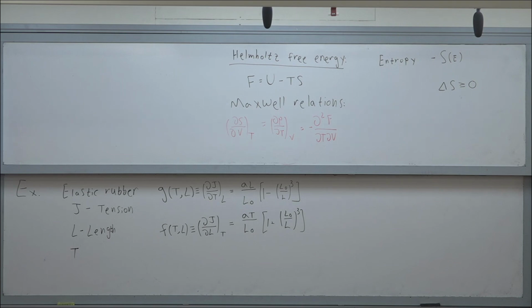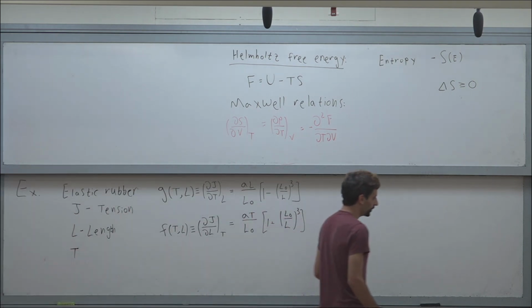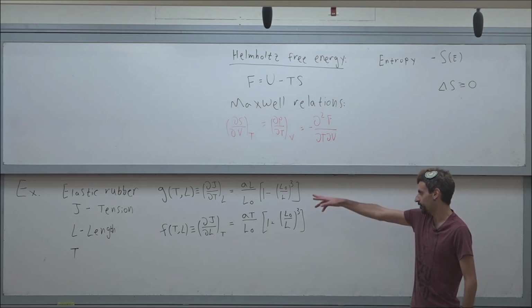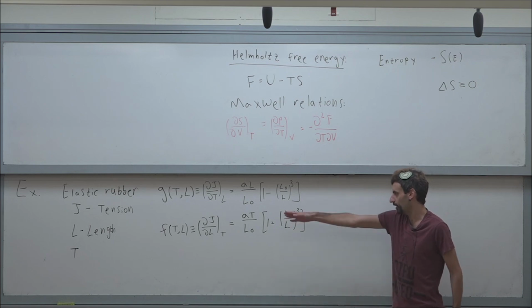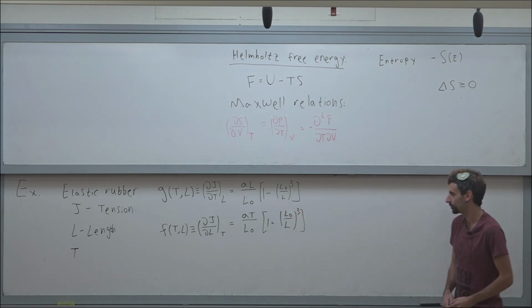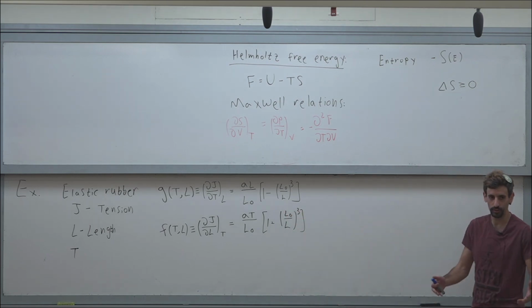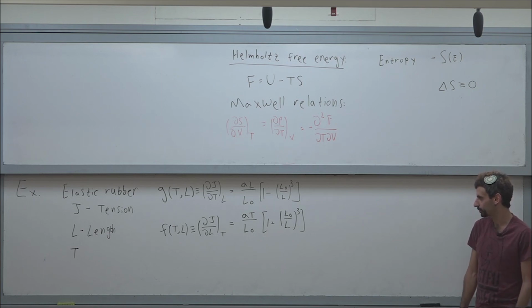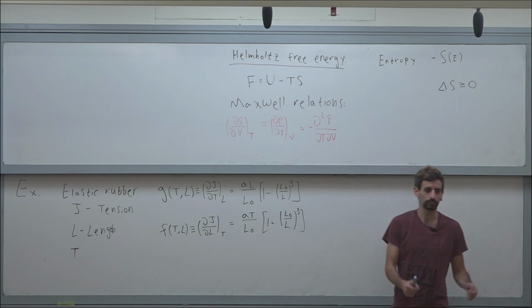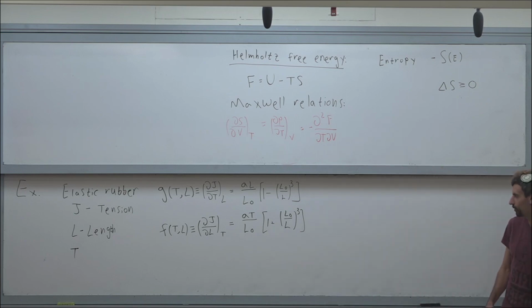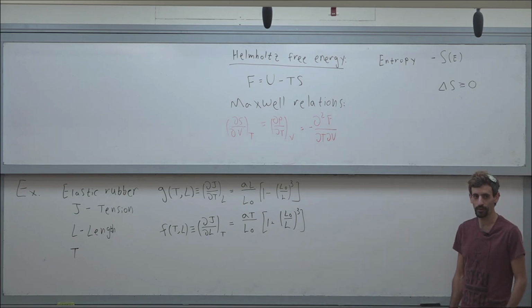You can think about it, it's fine, experimentally. You do an experiment and then you find that the tension is changed with the temperature like this, and is changed with the length like this. And we define it as two functions, G and F. That's it. L naught is just the rubber when it's loose.